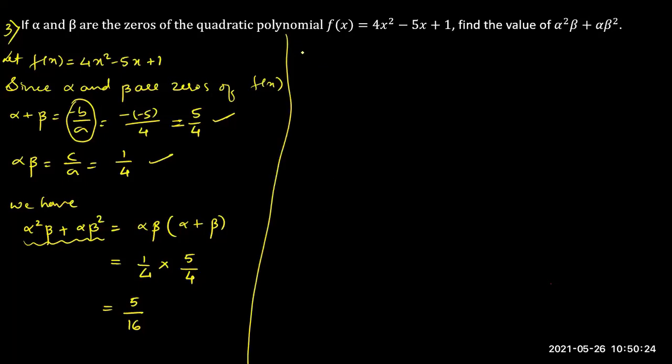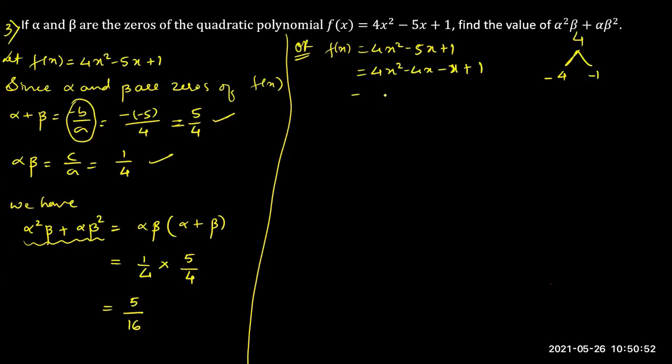Okay, for that, first you need to factorize it. So f of x is equal to 4x square minus 5x plus 1. So here 4 into 1, 4. 4 ones are 4. Minus 4, minus 1, that is minus 5. So 4x square minus 4x minus x plus 1.